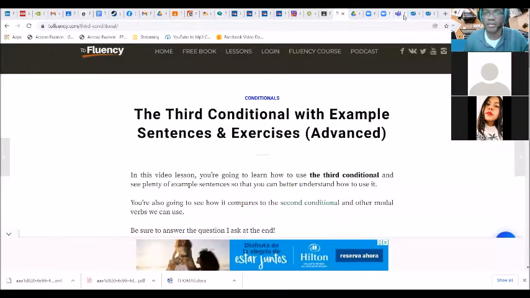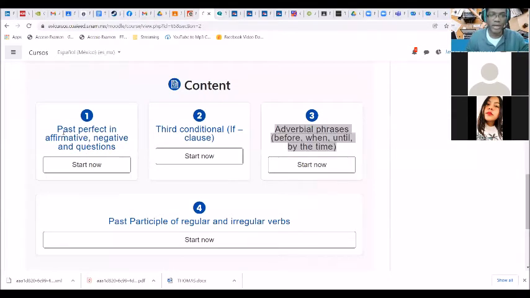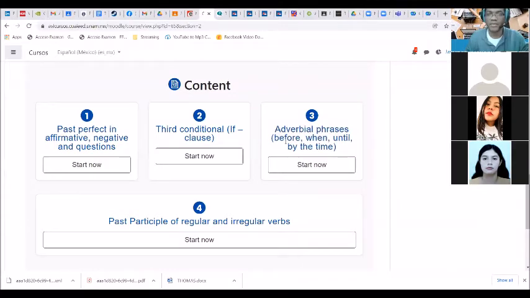We're going to be looking at Unit 2. And the goal of Unit 2 really is to get here. But before you can get here, let me quickly review what's happening there. We're going to be looking now at Unit 2, practicing past perfect, the third conditional, which includes past perfect, and some irregular and regular past participle verbs, as well as adverbs.